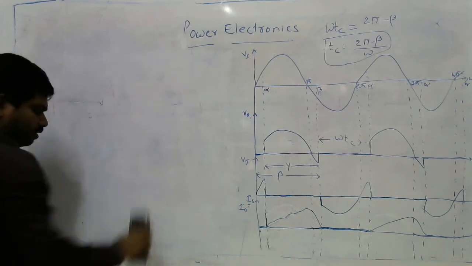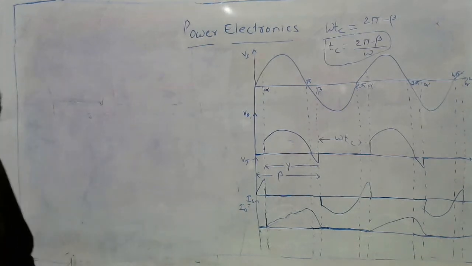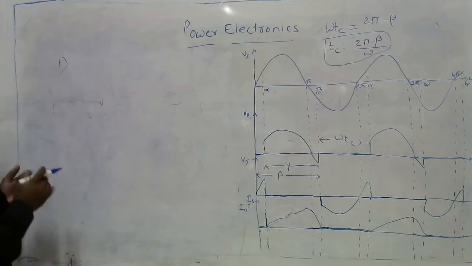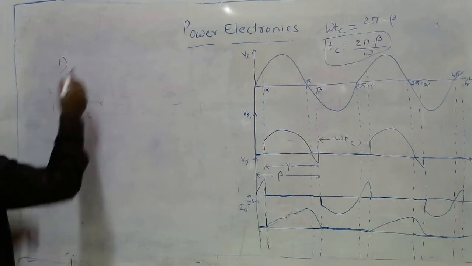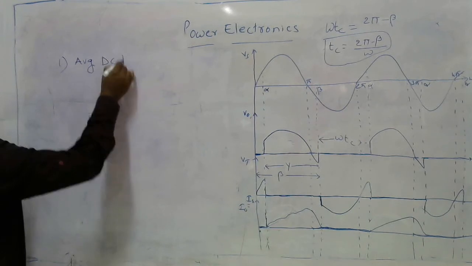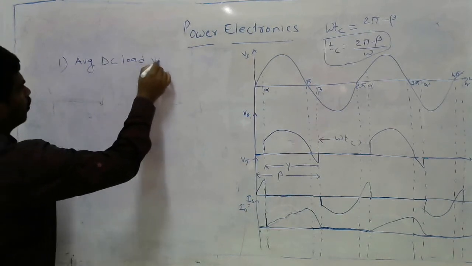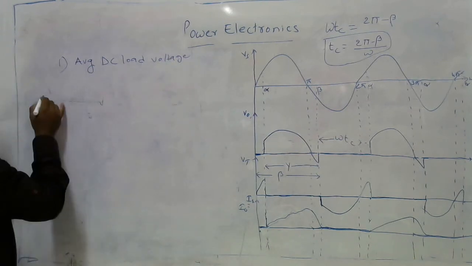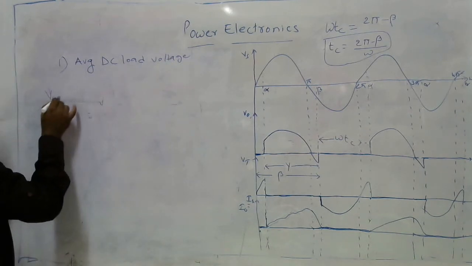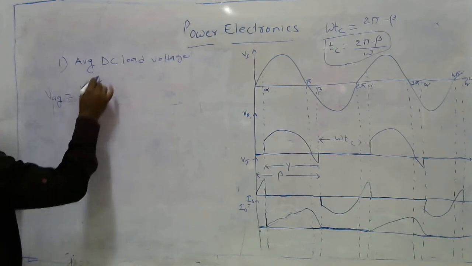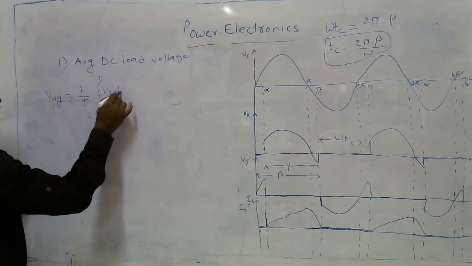So, to take the relation among these three angles, we'll see the expressions first. First one is the average DC load voltage. We know one basic equation, that is V average is equal to 1 by T integral 0 to T of Vs d omega t.